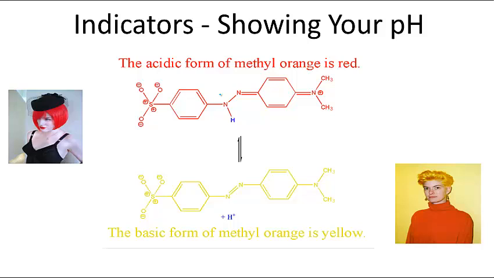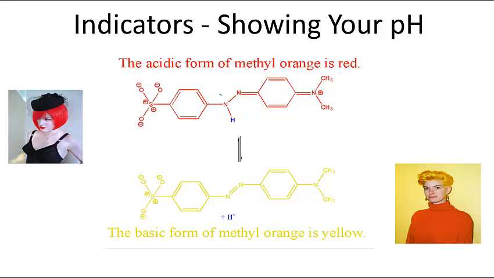When you pull the hydrogen off, when this loses the H+ from the middle here, notice the delocalized pi bonding is extended through more of the molecule than before. That results in the change in light absorbance, which results in the change in color. So lots of indicators, if you look up their structures, are going to have structures similar to this.